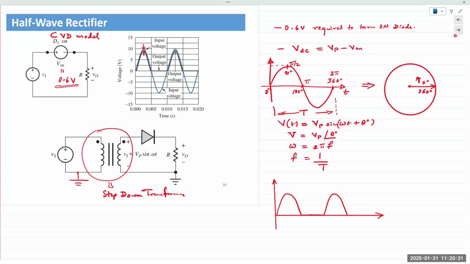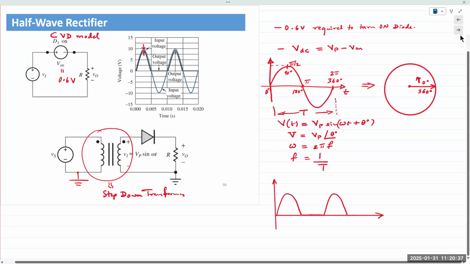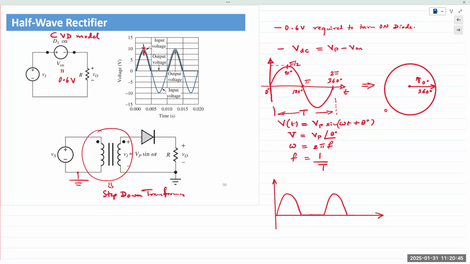And VDC is considered as the peak minus the diode on voltage. There are other equations that we'll look at in just a few slides.